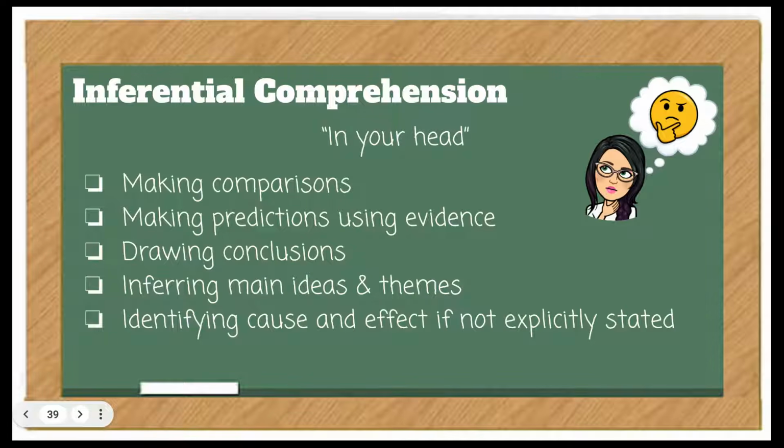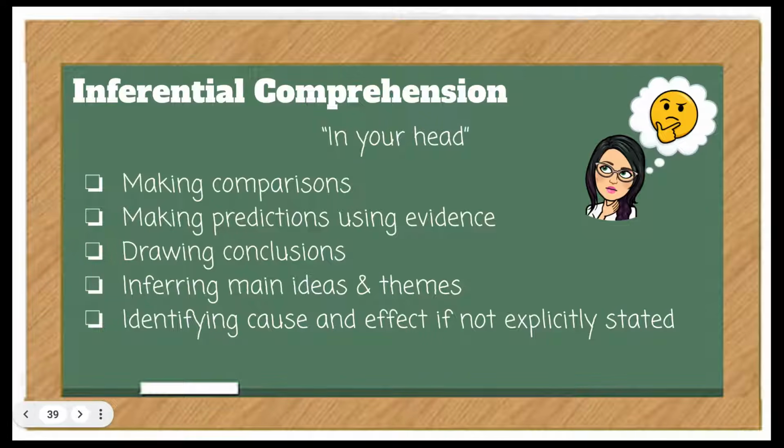And again, strategies, questioning our students. These types of questions tend to be more open-ended. Like, for example, why do you think the character acted that way? Graphic organizers. We'll look at some, like story maps, cause and effect charts, or inference charts that help our students organize their thoughts and make connections. And we also want to do lots of think alouds.